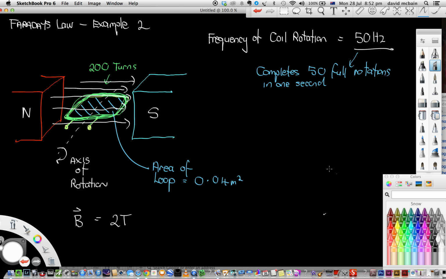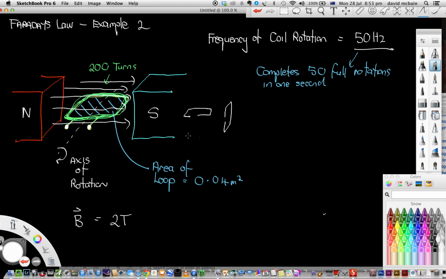Now, the question is this. What is the average voltage generated in the ends of our coil across there and there? That's where we're going to measure the voltage. What's the average voltage generated in this coil as it moves from this position to the vertical position? So it's going from a horizontal arrangement to a vertical arrangement.